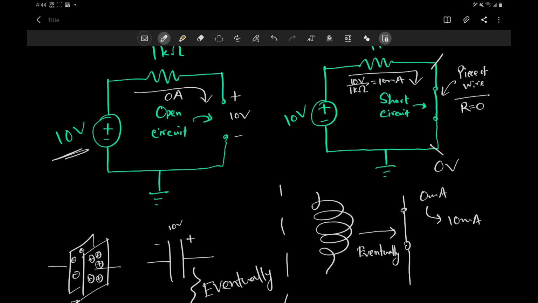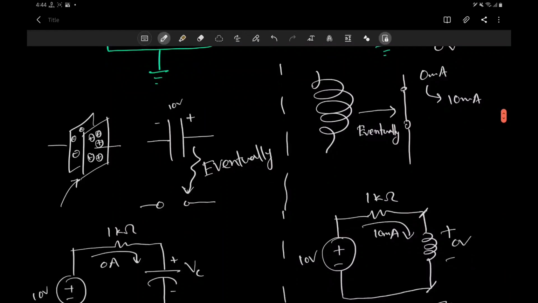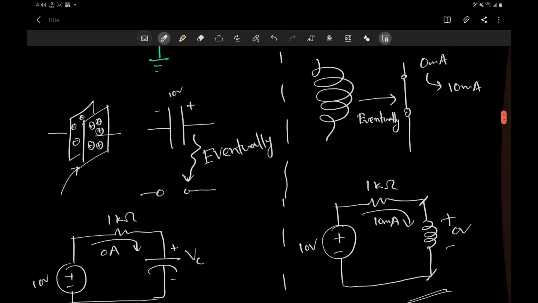The magnetic field doesn't want the current to increase, so as a result, it takes some time for the current to build up. Basically, capacitors and inductors eventually become open circuits and short circuits respectively, but it takes some time.